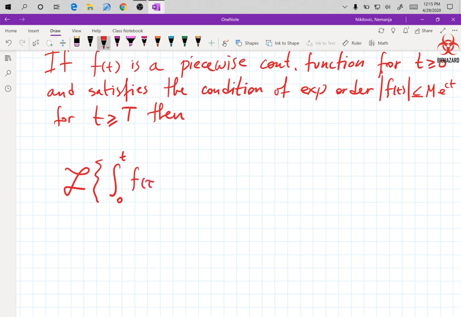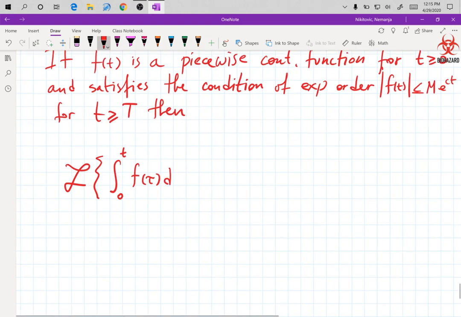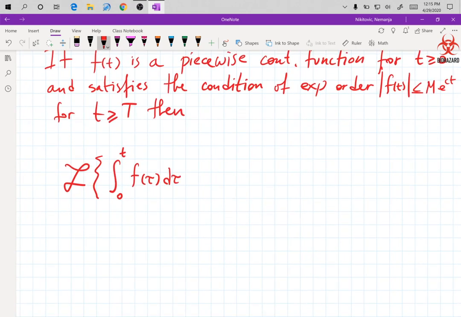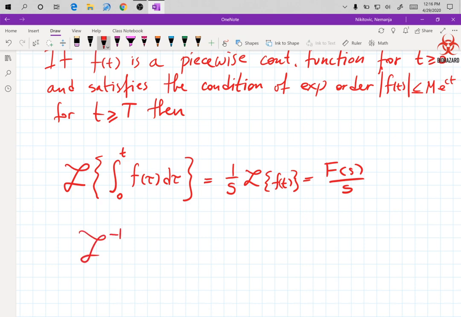It is going to give you 1 over s times the Laplace transform of f of t, which is just F of s over s, easily written. And the inverse Laplace of F of s over s is going to give you the integral.